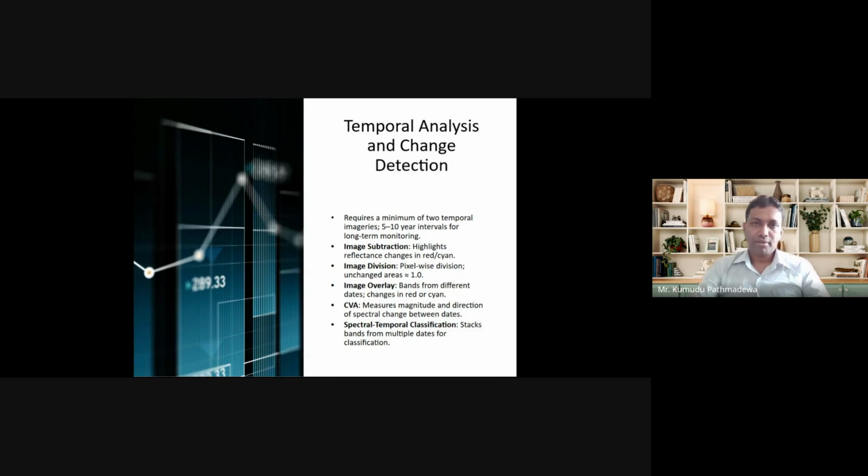So in temporal analysis, you can have two images 5 or 10 years apart, and simply subtract those images to find the changes that happened in those 2 images.